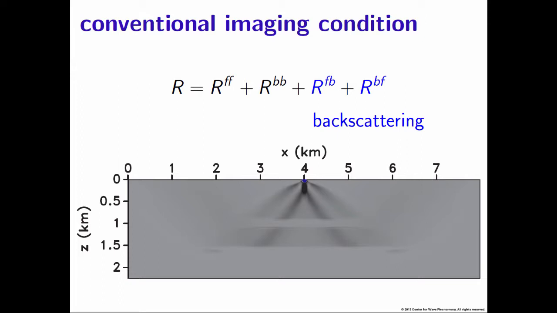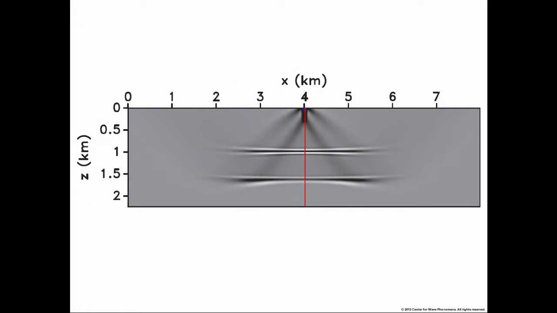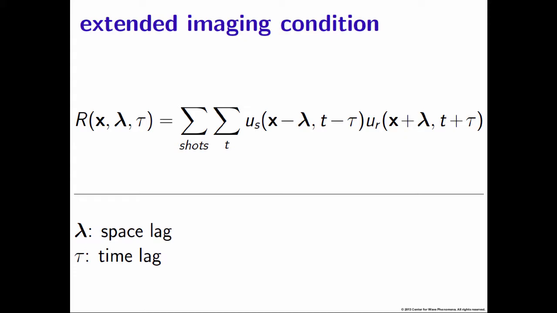Now that we understand how this process works during conventional imaging, the next step is taking a look at the extended image to address the accuracy of the model. If we take an extension of the image, we can obtain several pieces of information about the velocity model.